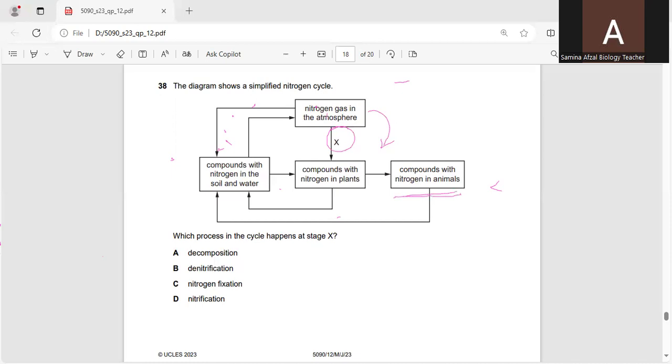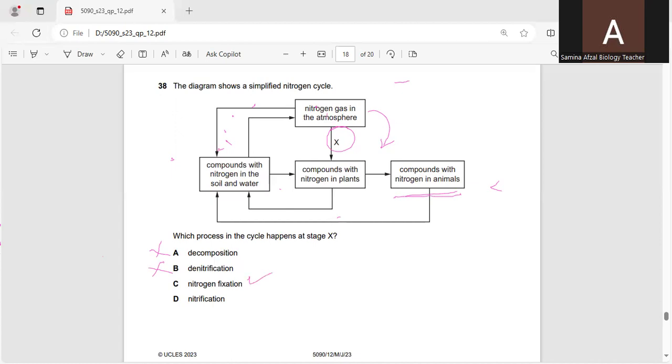For decomposition, no, they are not decomposed over here, so option A is not correct. And then denitrification, no, again this is not the correct option. Then nitrogen fixation, yes, this is the process which takes place over here.